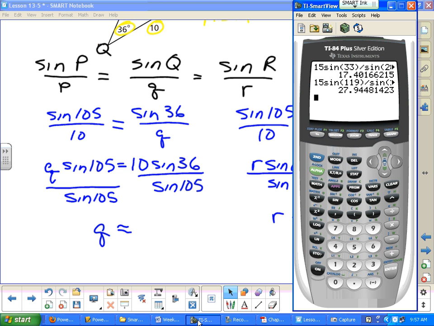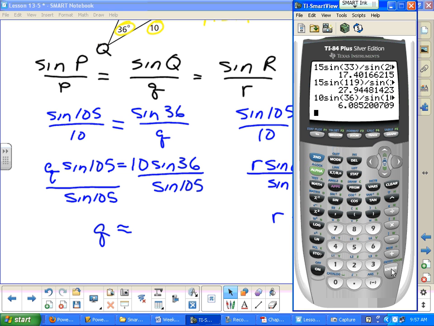So we've got 10 sine of 36 divided by the sine of 105. What if I got a negative answer? Would that make sense? No, because side lengths can't be negative, can they? So if you got a negative answer, what would I need to check on my calculator?